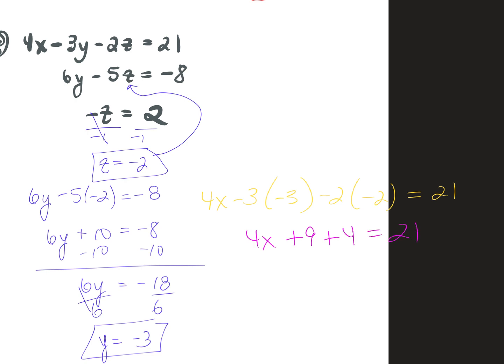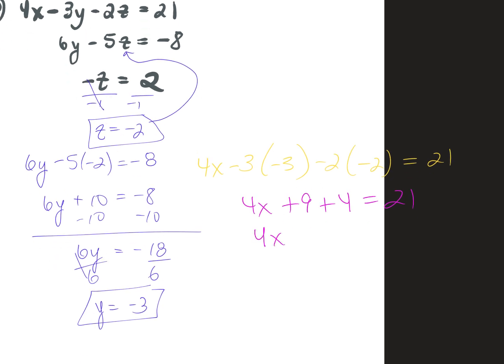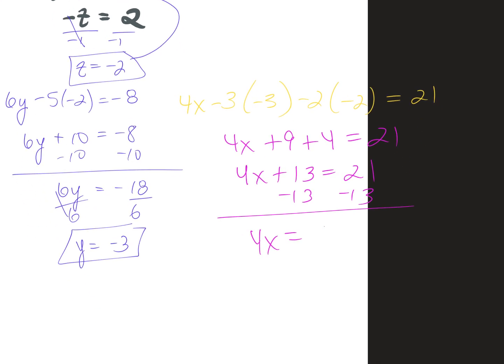What's 9 plus 4? 13. Okay, so 4x plus 13 equals 21. Now what? Subtract the 13. So 4x equals, what's 21 minus 13? 8. Divide both sides by 4. And x equals what? 2.